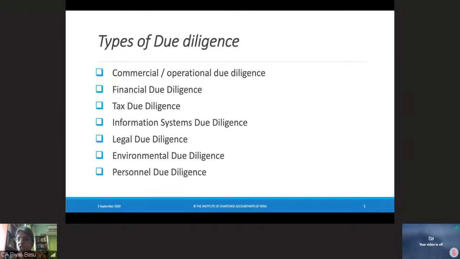In case of an acquisition, there is always this doubt that, once there is a new management, the old staff, old doesn't mean age-wise old, I mean the existing staff of the existing management, will not be kept. They will be asked to leave, and the new management will bring in their new staff.